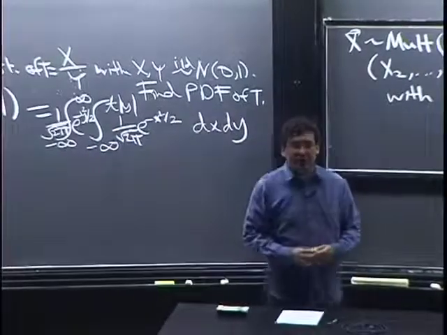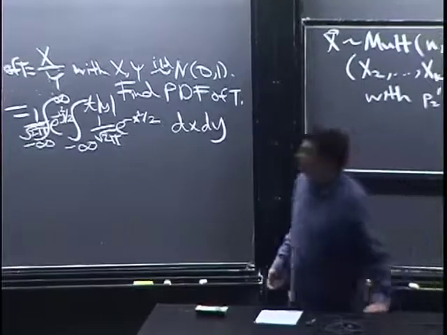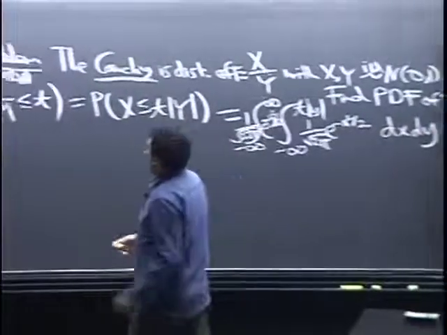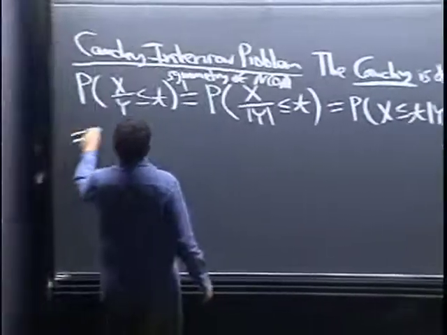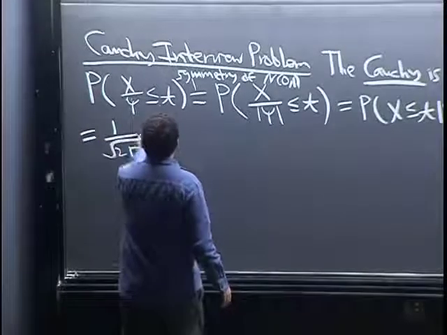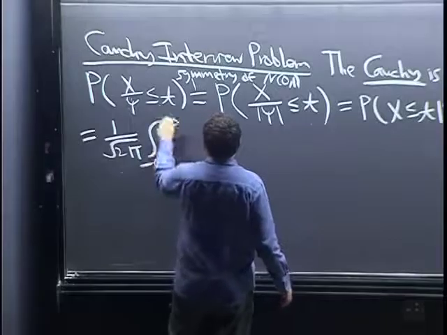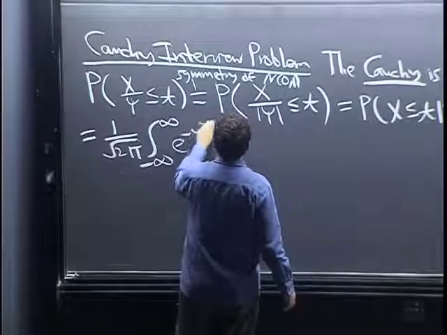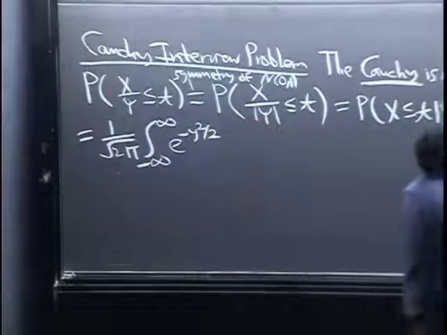That looks pretty ugly. So let's see if we can do it. Let's recognize what we actually have here: the integral from -infinity to infinity of e to the minus y squared over 2, and then this inner integral.